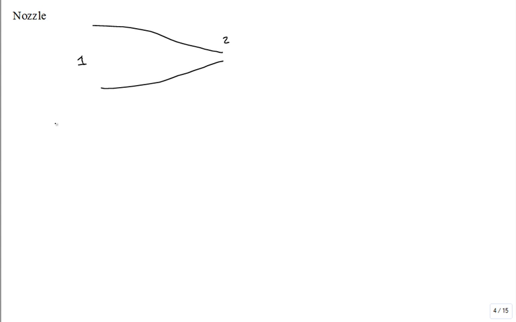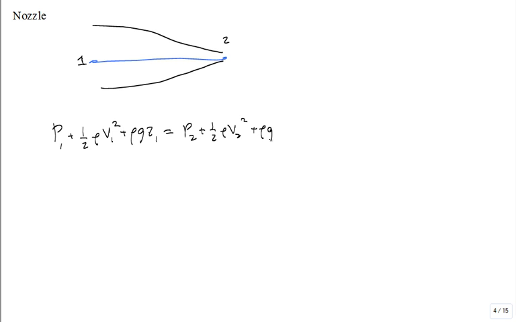I'll apply the pressure form, so P1 plus 1/2 rho V1 squared plus rho g Z1 for the fluid particle going from state 1 to state 2 equals the pressure at 2 plus 1/2 rho V2 squared plus rho g Z2. We're not interested in a change in elevation for a nozzle, but we find that there is a difference in the pressure.